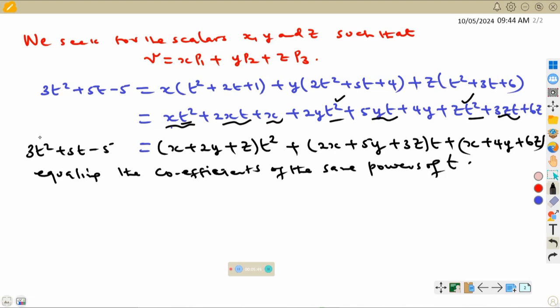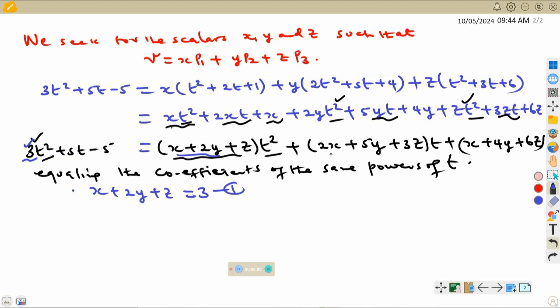This side we have t squared, this side we have t squared. So we shall equate the coefficients. When we equate the coefficients, it means this 3 will be equated to this. So x plus 2y plus z will be equated to this 3, and this will be equation number 1.